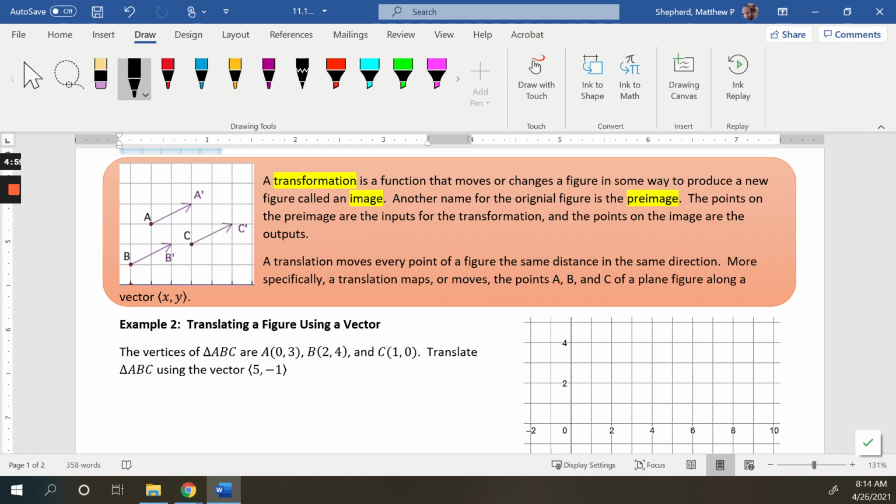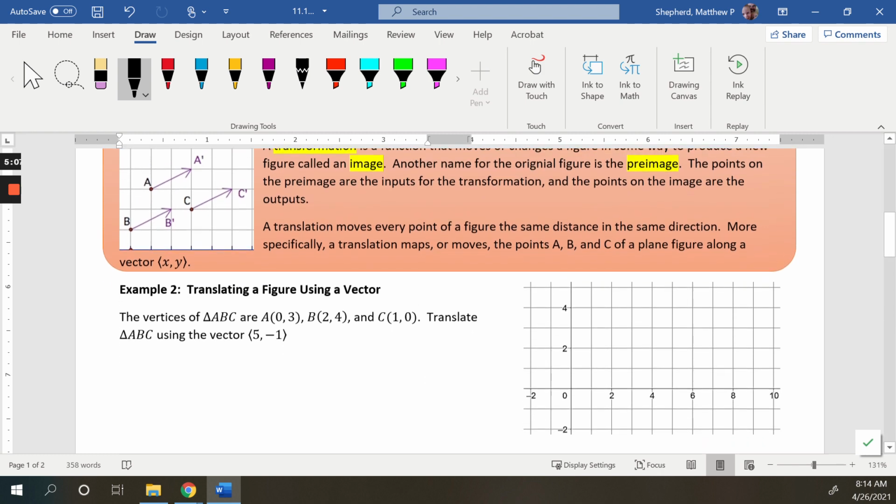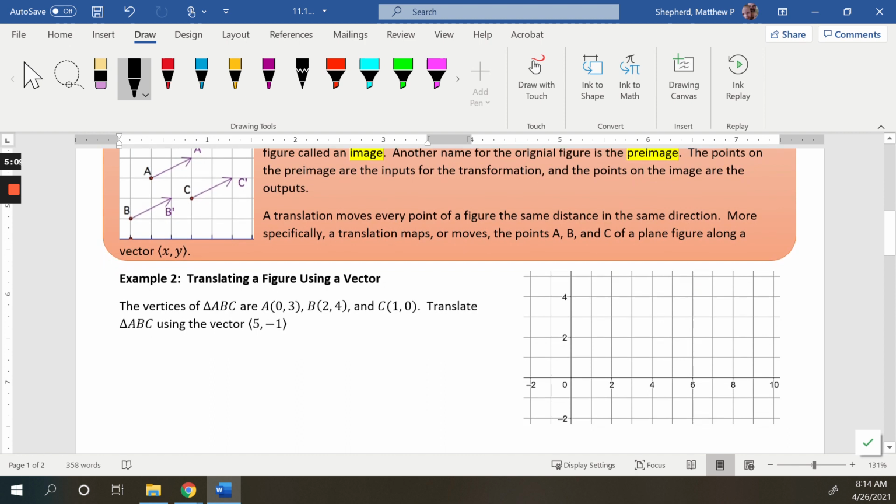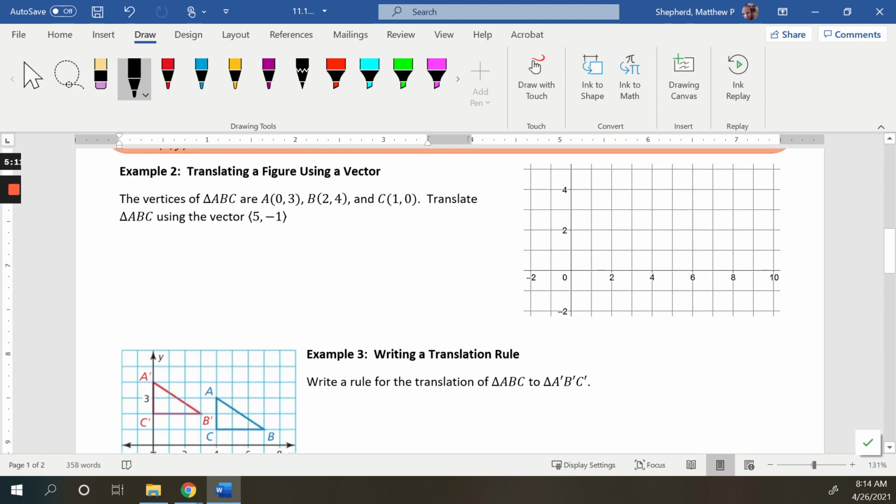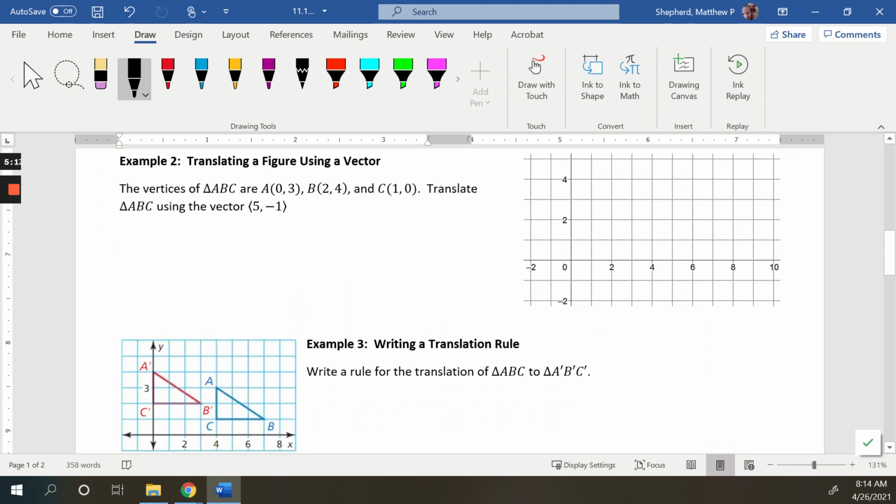The way we tell them apart is by labeling the images with the prime. There is something we do with prime if you then do another transformation, but we'll get to it.